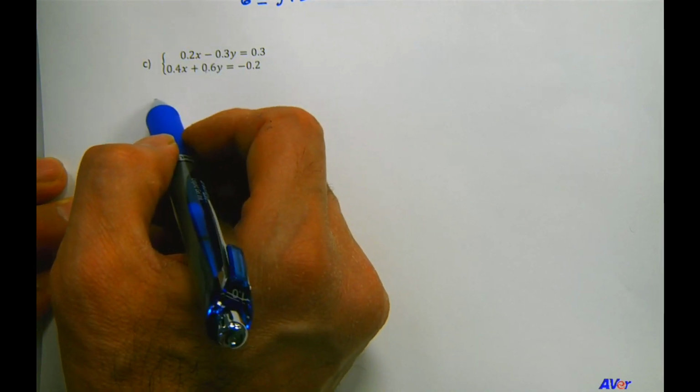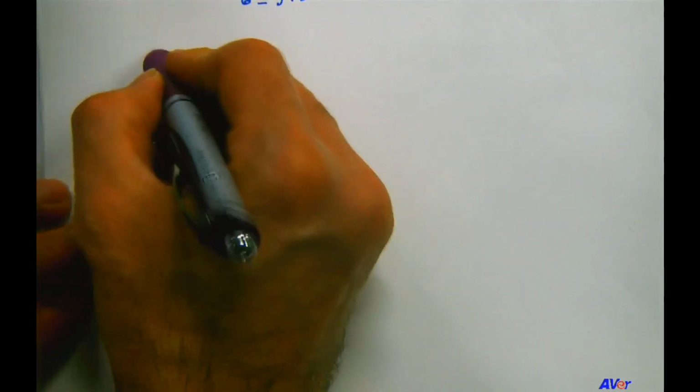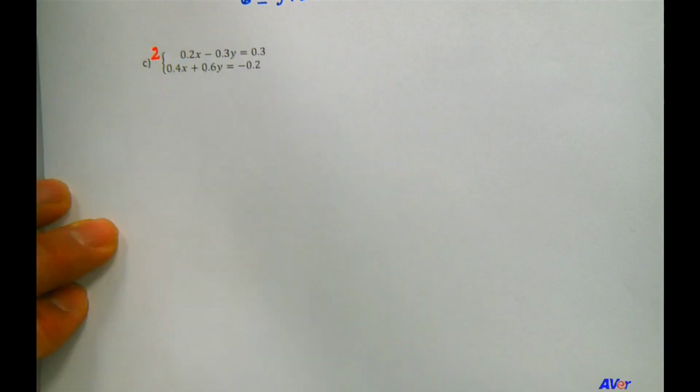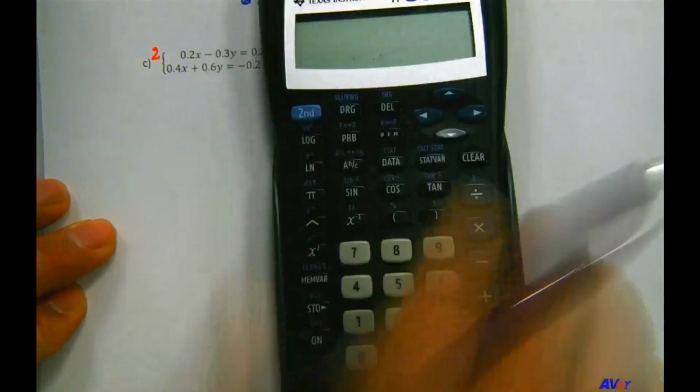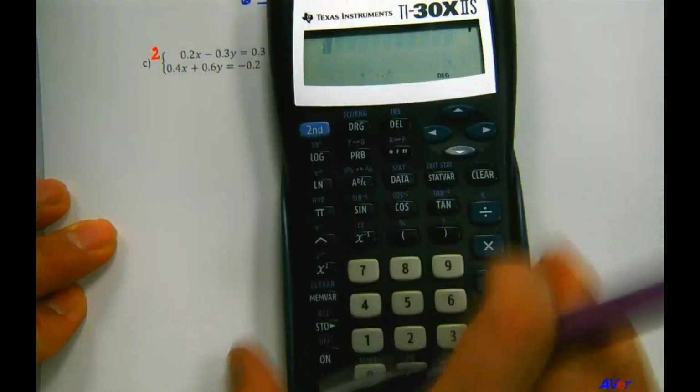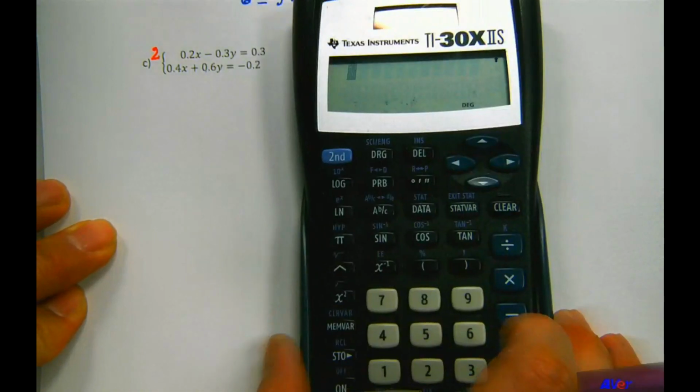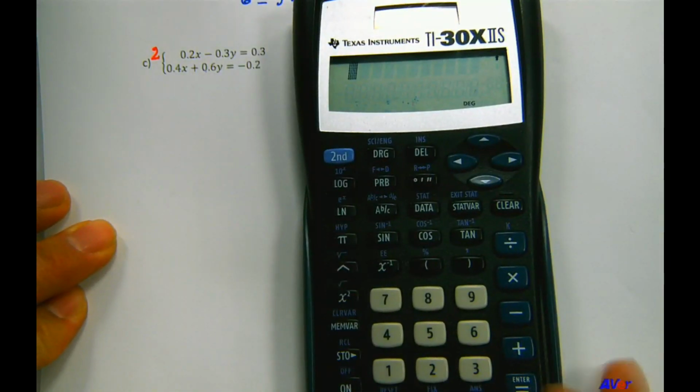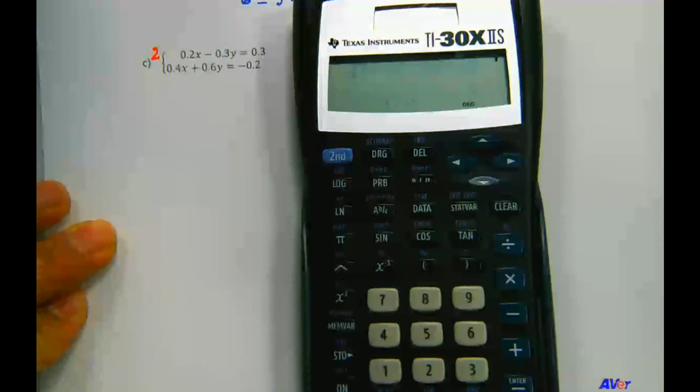Well, just 2, right? Multiply the top equation by 2, because 2 times 0.3 is 0.6. We can quickly test that. So we have 2 times 0.3, 0.6, right?